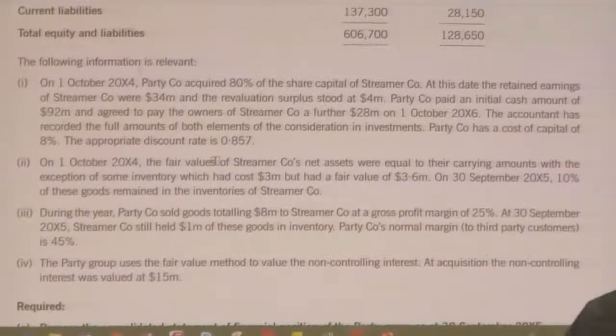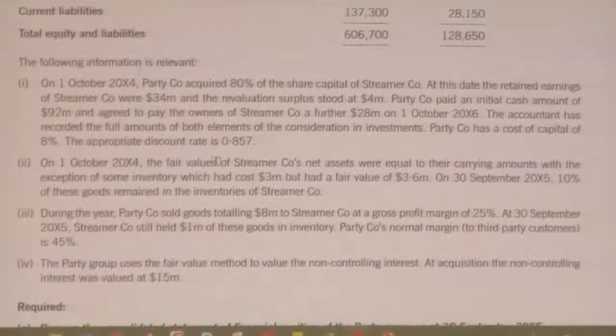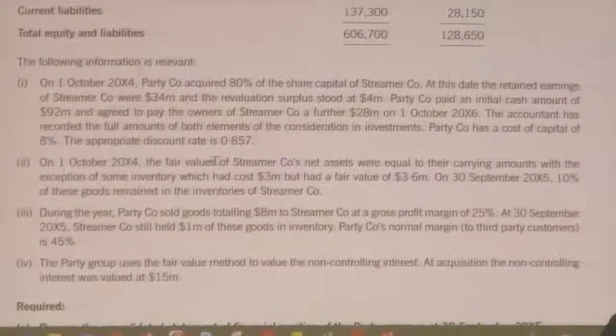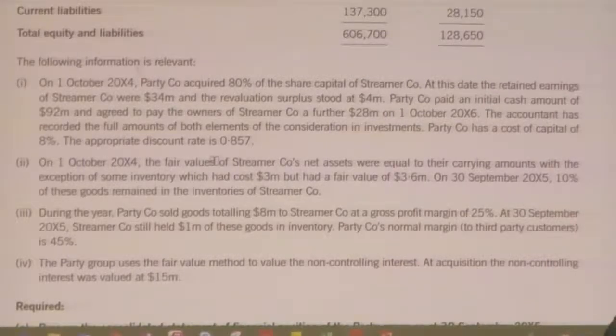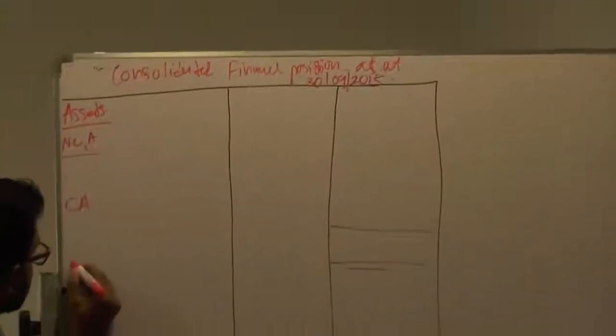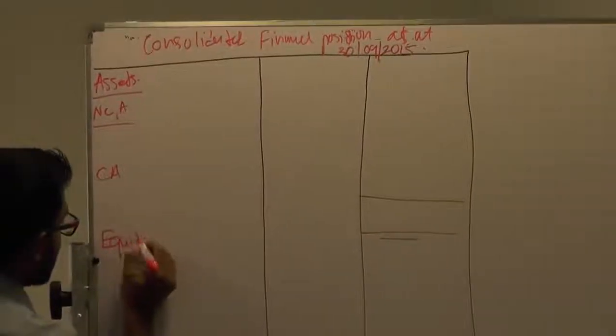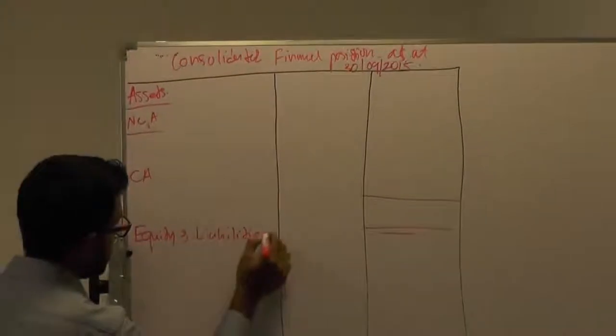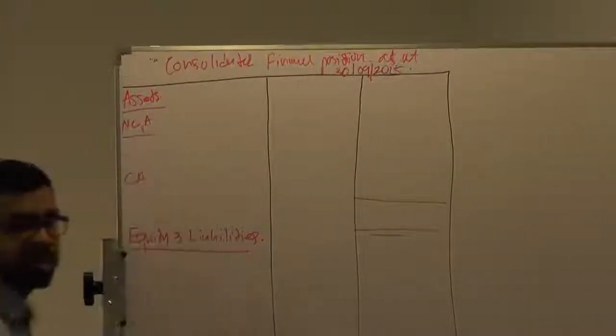You have non-current assets, then you have current assets. So altogether you have the asset side, and equity and liabilities.